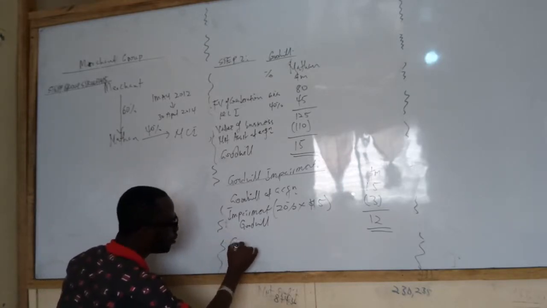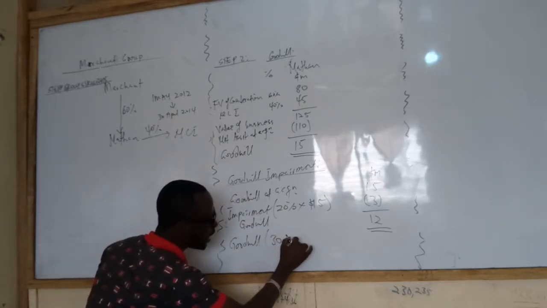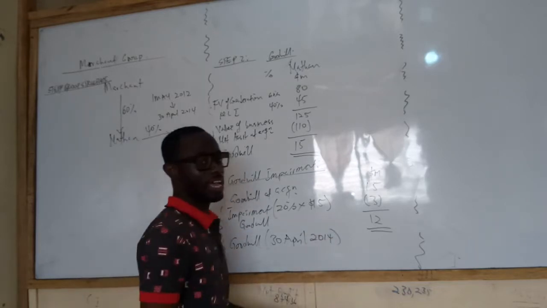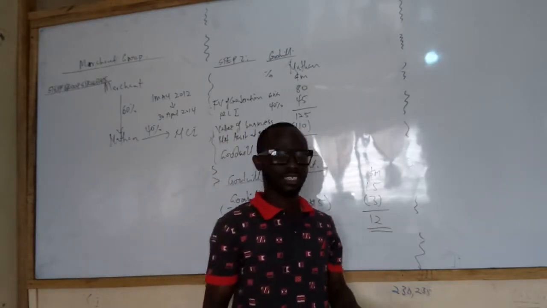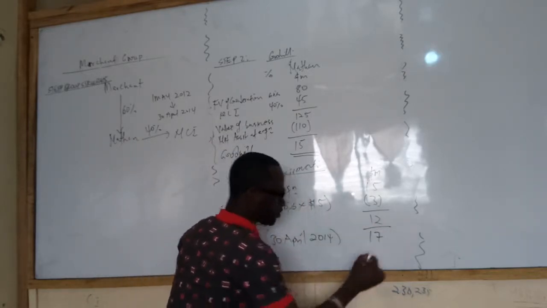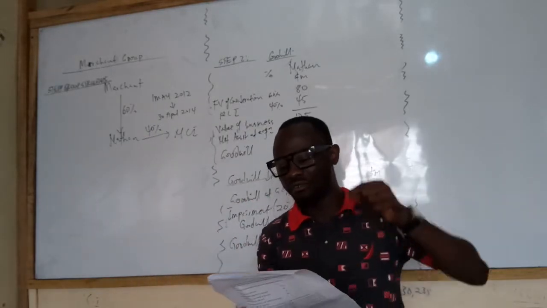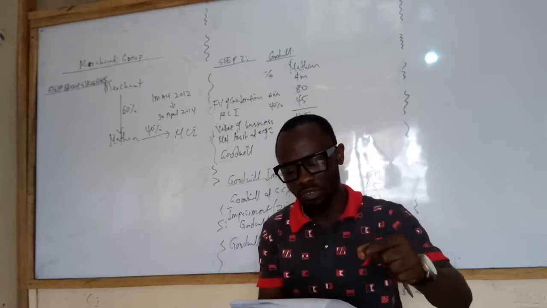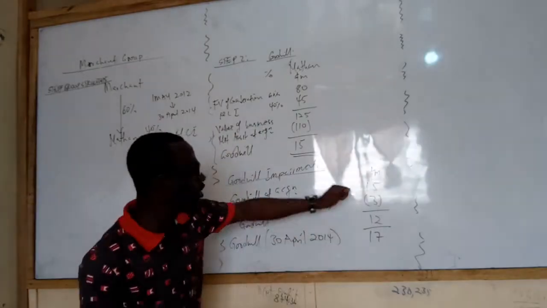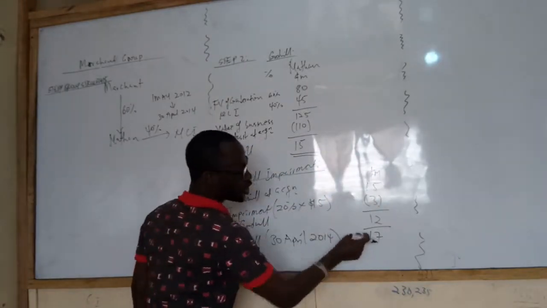So what is now the goodwill as at 30th April, per the company's decision? 17 million. Because the goodwill was valued at 2 million above its original value. So the original value is 15.